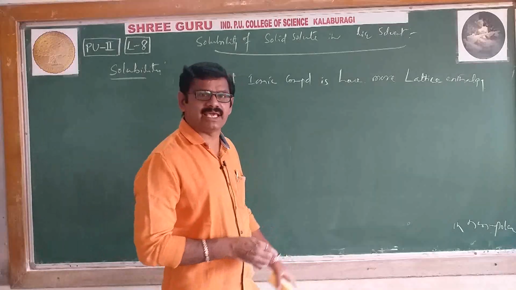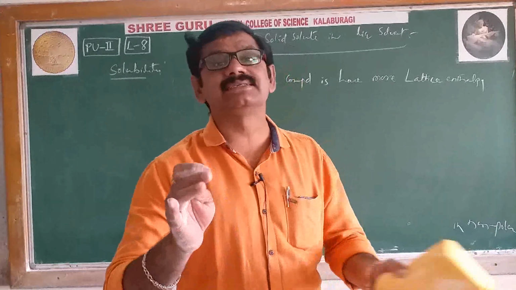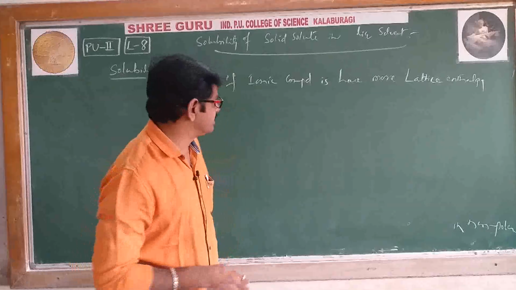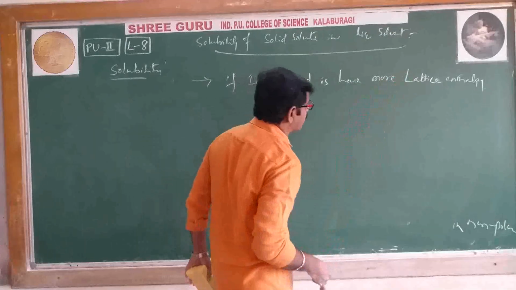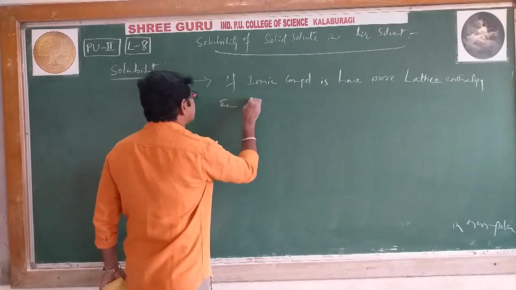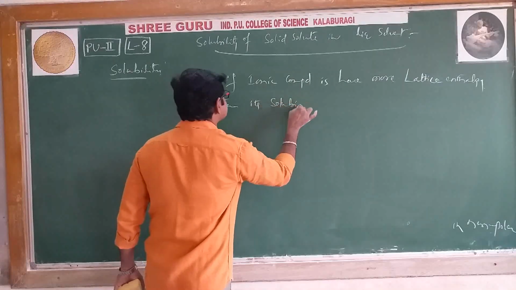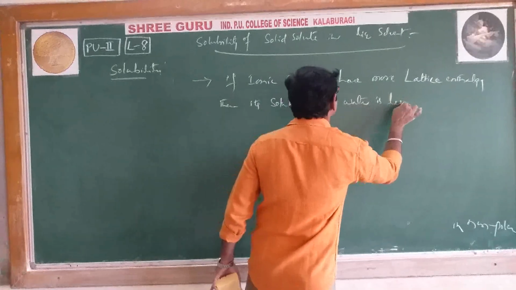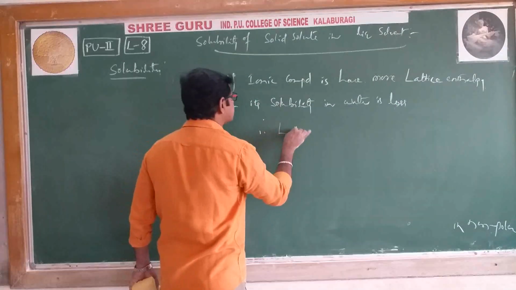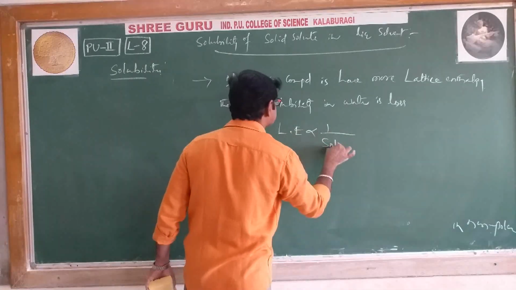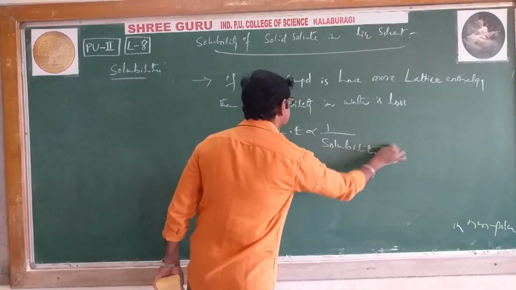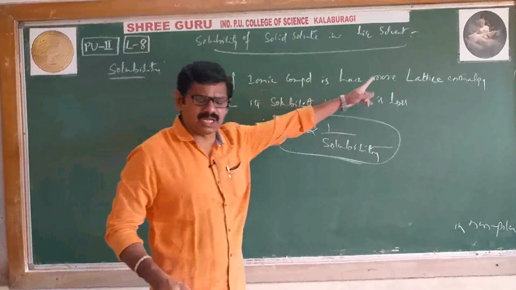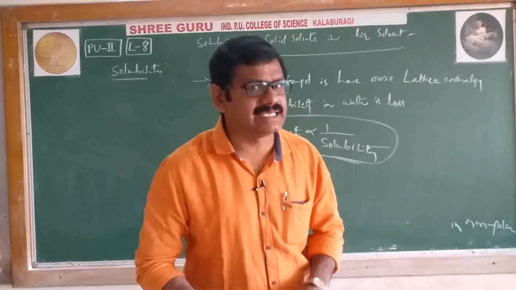More lattice enthalpy, then solubility is less, remember. If an ionic compound has more lattice enthalpy, then its solubility in water is less. Therefore, we can write the relation: lattice enthalpy is inversely proportional to solubility. This you have to remember. Lattice enthalpy is more, definitely its solubility is less.